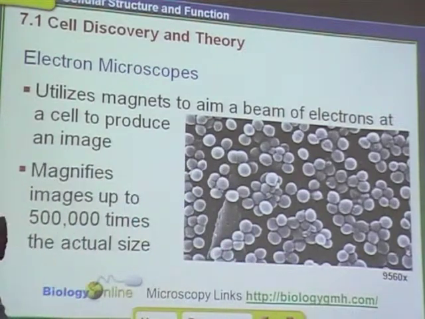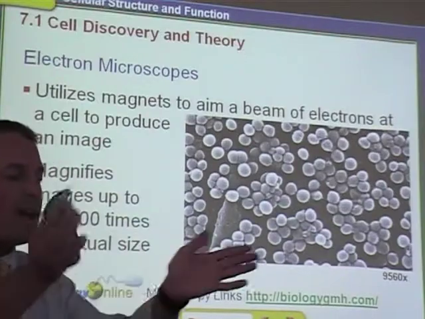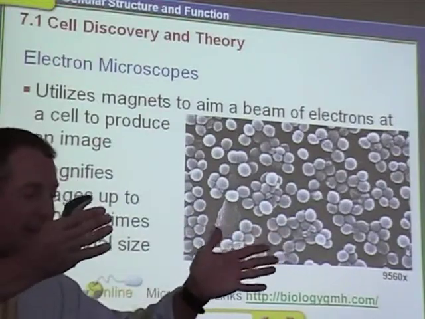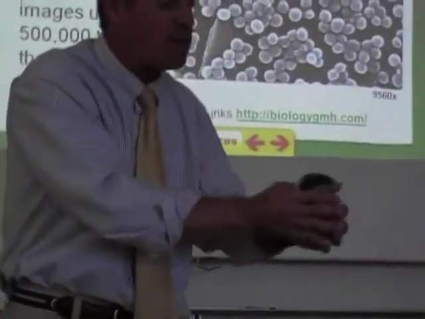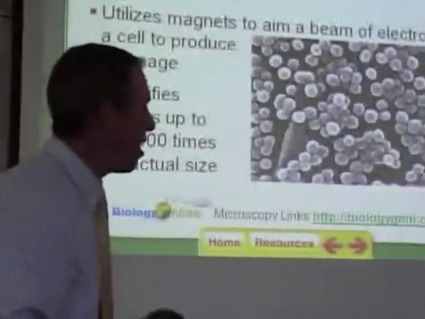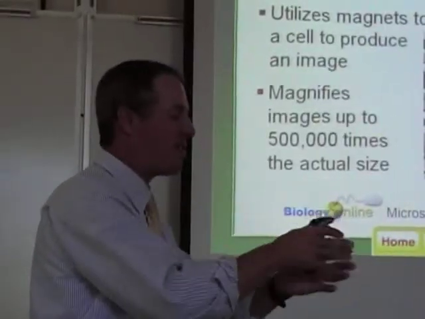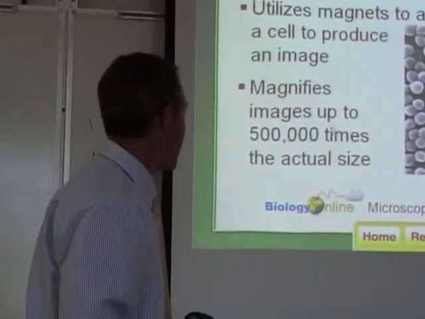Electrons travel really close together, whereas visible light waves travel further apart. So you fire electrons at some small object, and they bounce off the object and go in all directions, and you can tell the shape of the object from how these electrons bounce off of it.